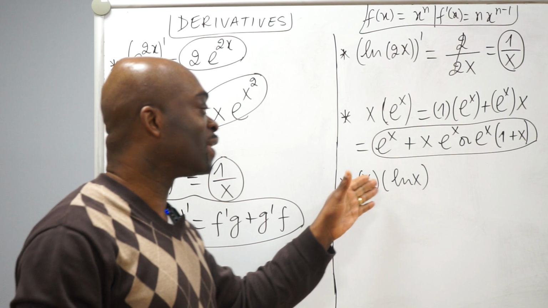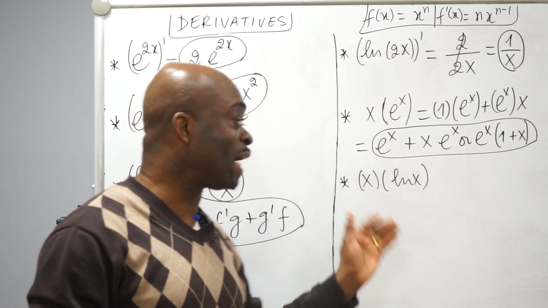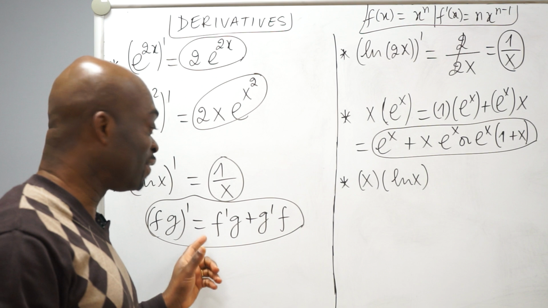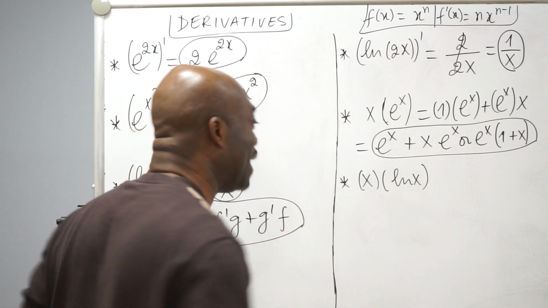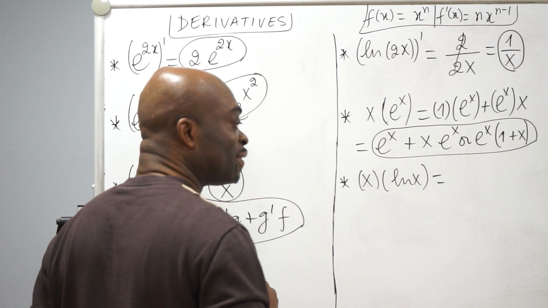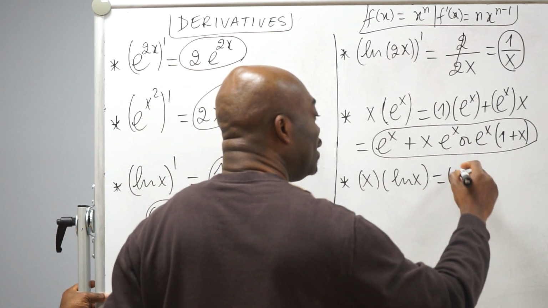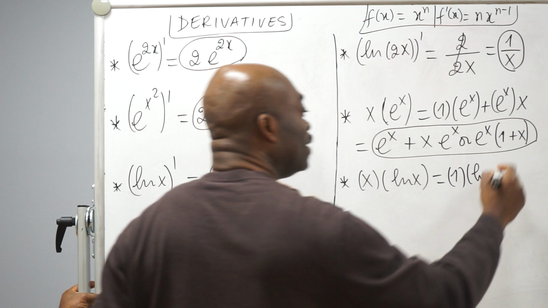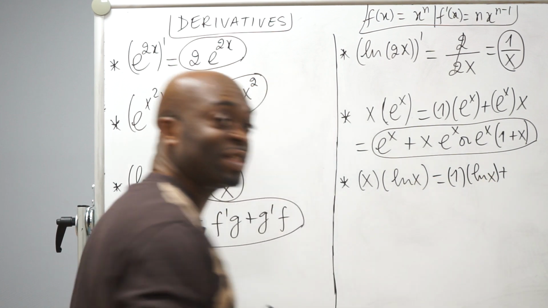So x times ln of x. So that means also here we have two functions, f times g. Then we got to find the derivative of it. So we're applying the same formula here. So what's going to happen? What's the derivative of x? It's 1 times ln of x, okay, plus, what's the derivative of ln of x?